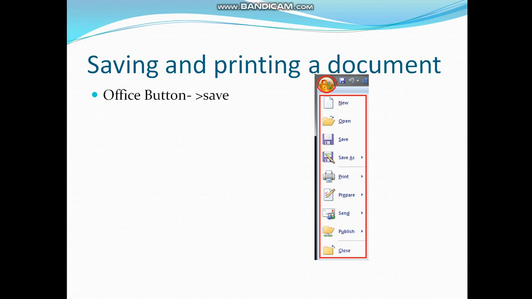There are two options, Save and Save As. What is the difference between them? The Save option is used to save the changes in an already existing document with the same name, and the Save As option is used to save the existing document with a new name or a new document with a new name.